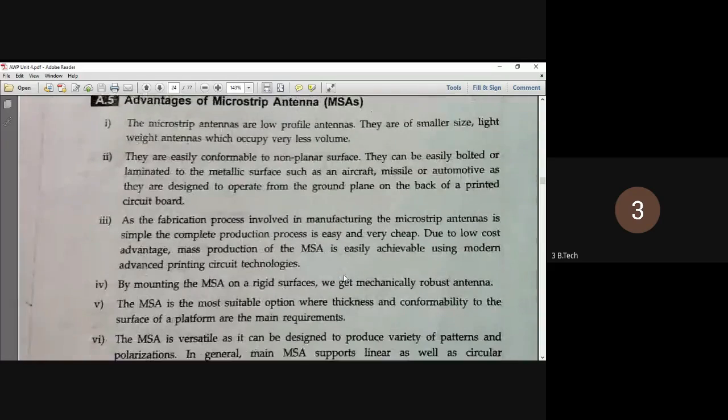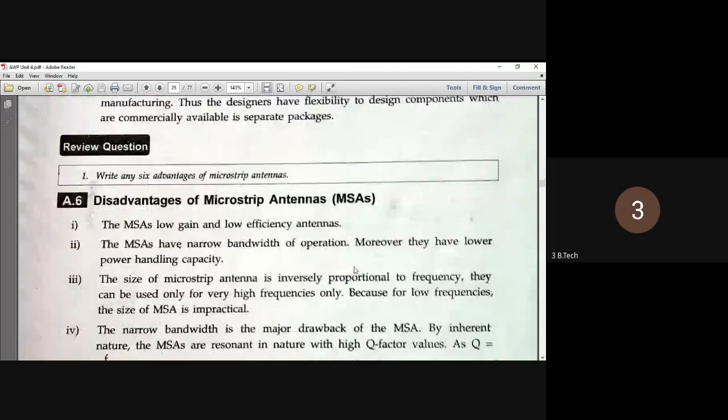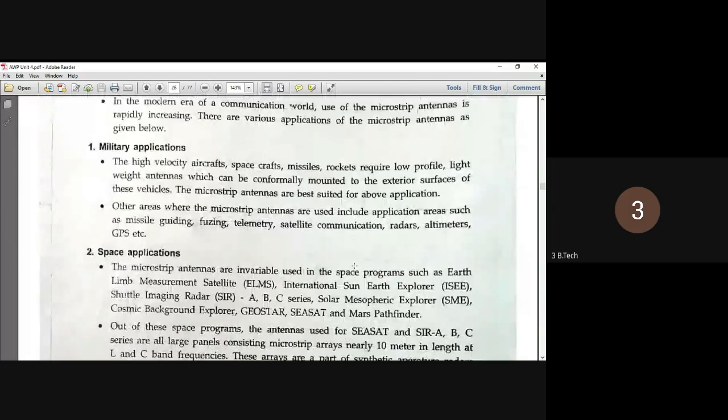Then the advantages of the microstrip antenna we saw yesterday, and we also saw the disadvantages. As for applications, they are used in military applications. Mainly high velocity aircraft, spacecraft, missiles and rockets require low profile, lightweight antennas which can be placed on any surface.